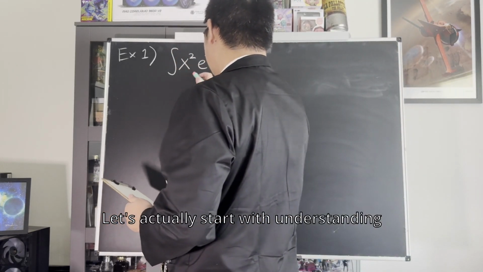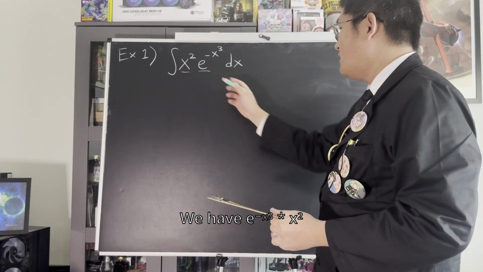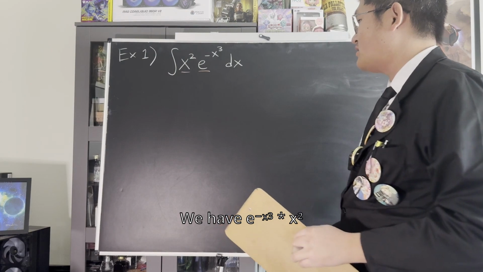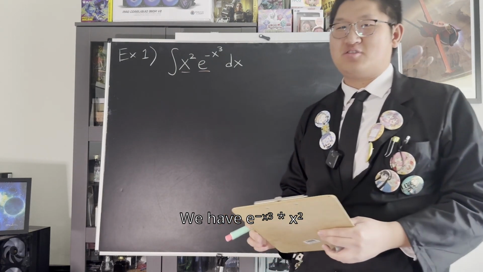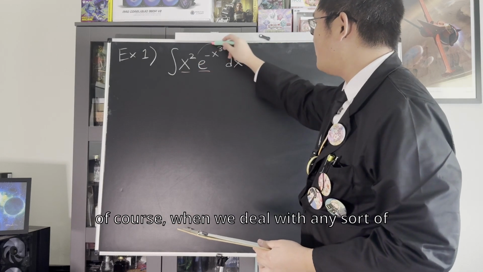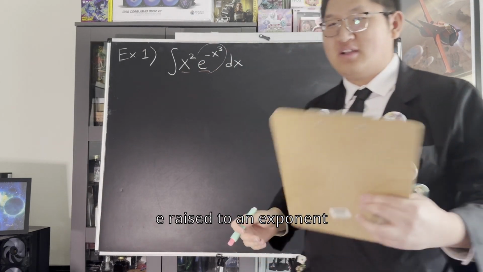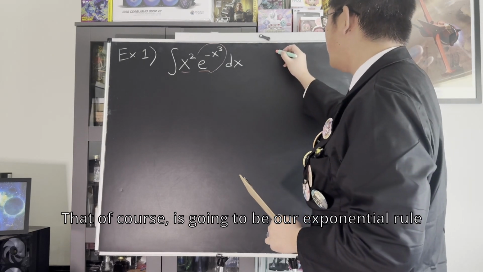Let's start with understanding that we have two different guys multiplied together. We have e raised to the negative x cubed times an x squared. Now, a couple things need to come to mind. When we deal with any sort of e raised to an exponent, that is going to be our exponential rule.